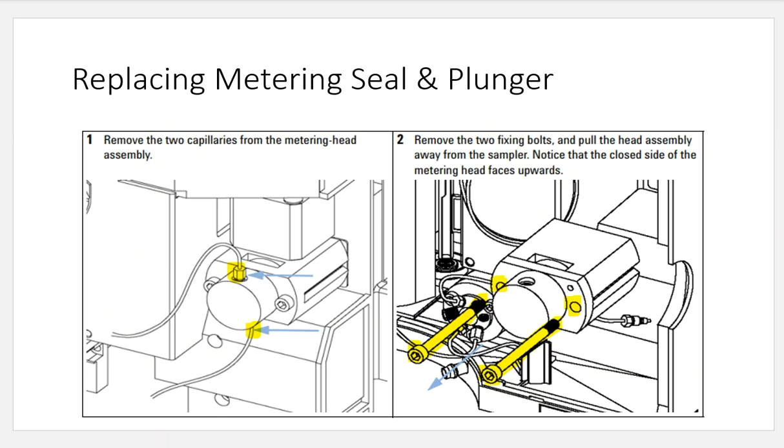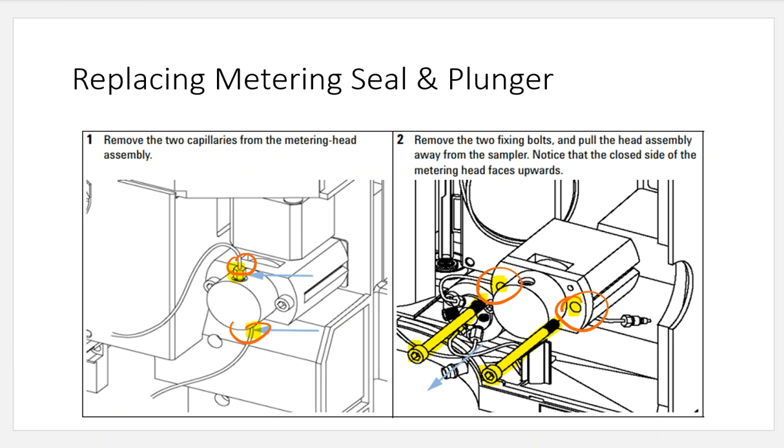In order to get to these and change them out is very simple to do. I'm going to disconnect the tubing lines from the top and from the bottom. Remember, the one on top is from the needle. The one on bottom is from the injection valve. I'm going to disconnect those two tubing lines. And then I will take an Allen wrench or a hex wrench and go in here and loosen these two screws.